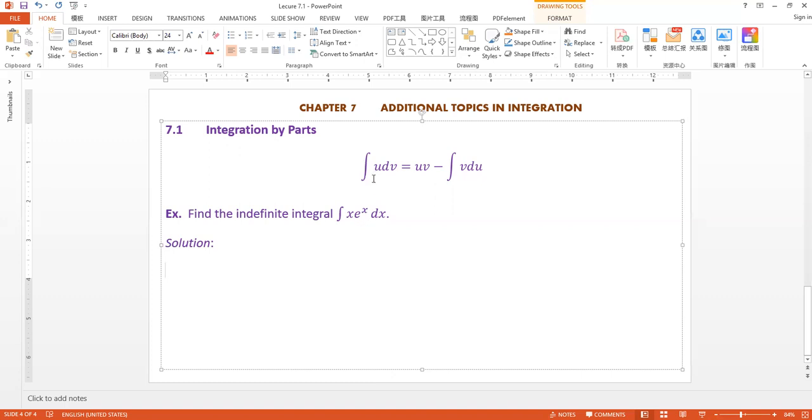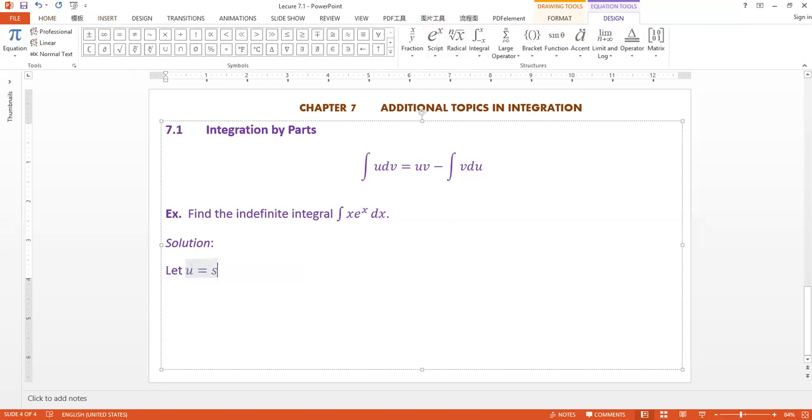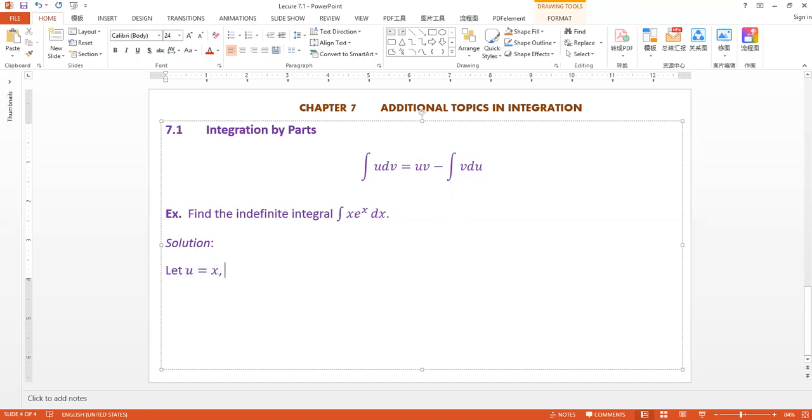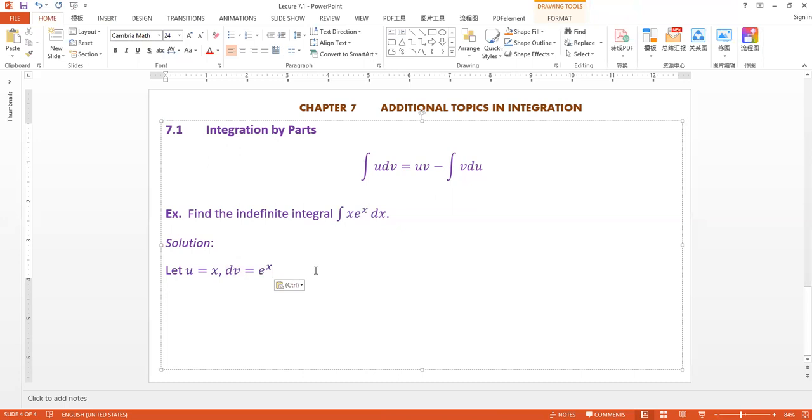For example, you can define u to be x and e to the x dx to be dv. Let's just do that. So let u equal x and dv equal e to the x dx, and it has to be exact. We know dv is a differential, so on the right-hand side it has to be a differential. We have dx times e to the x, so that's also a differential.